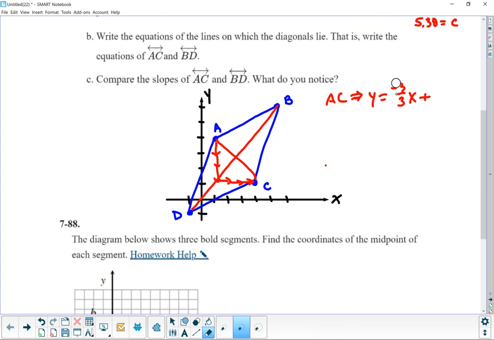Because -3 divided by 3 is -1. So I know that I go down 1 and over 1, right? So if I'm right here and I go down 1, over 1, it's going to cross right here. So that's going to be a positive 1, 2, 3, 4, 5. So plus 5. Okay, and that's my line AC.